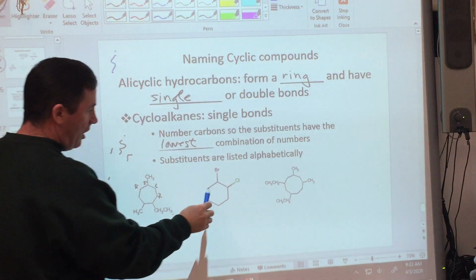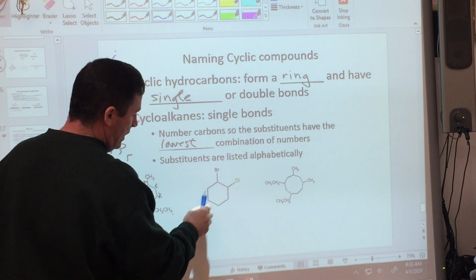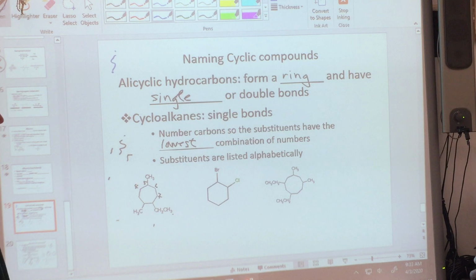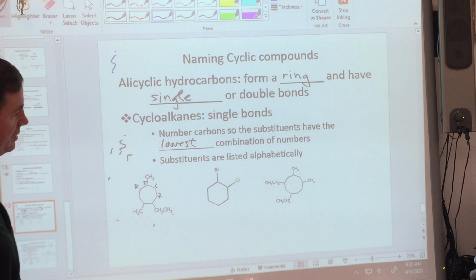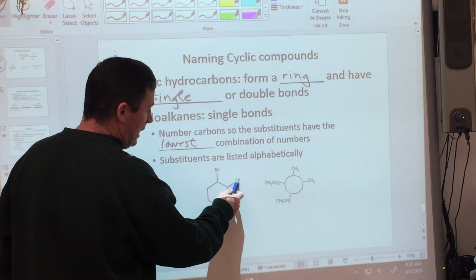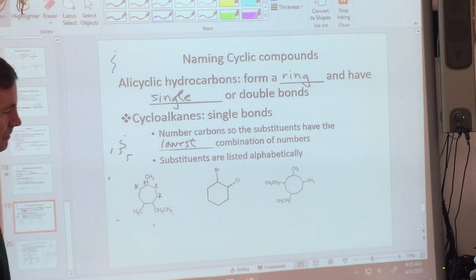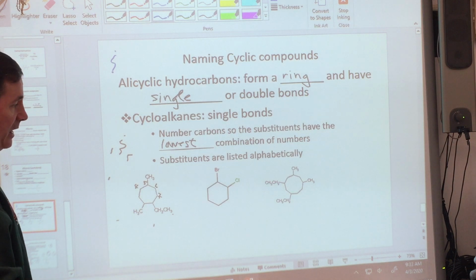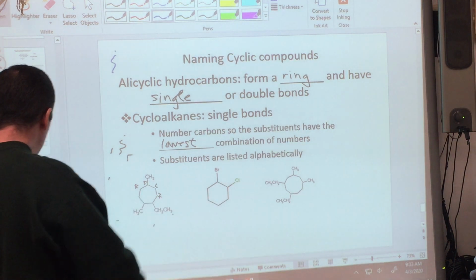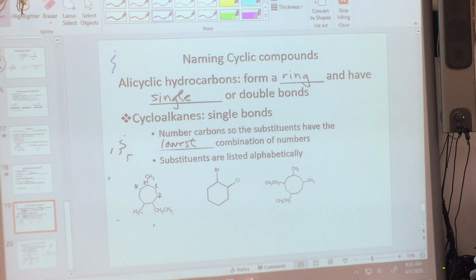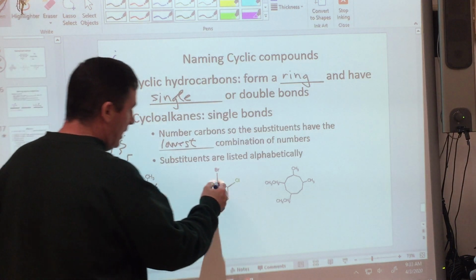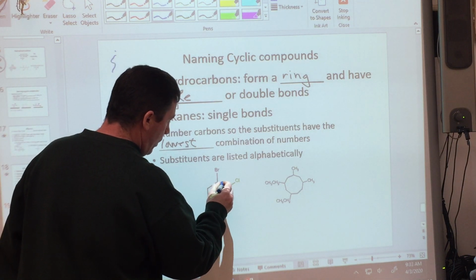Okay, I've got 6 carbons here. 1, 2, 3, 4, 5, 6. And with those 6 carbons, I've got 2 substituents. I've got a bromine and a chlorine. Now, if I've got a bromine and a chlorine, you know which one is going to come first alphabetically. That would be the bromine. So because of that, I'm going to name this carbon number 1.